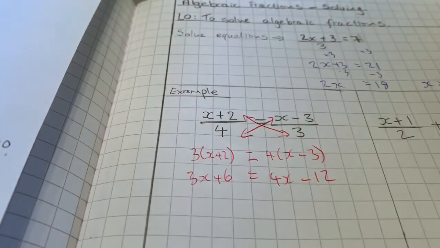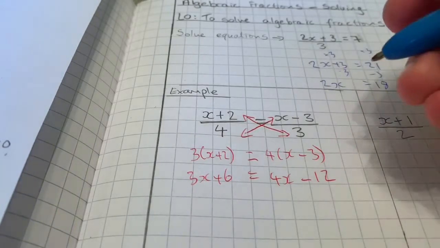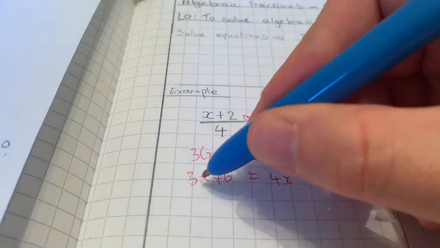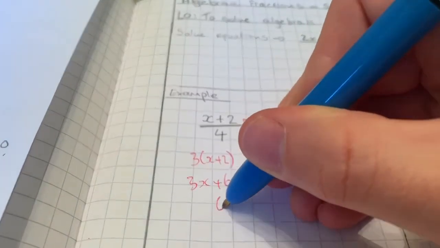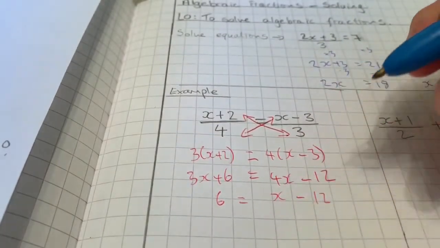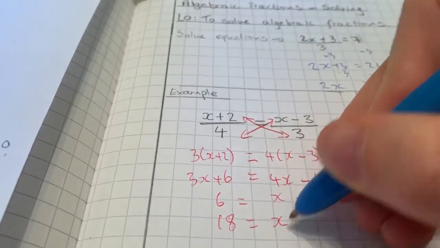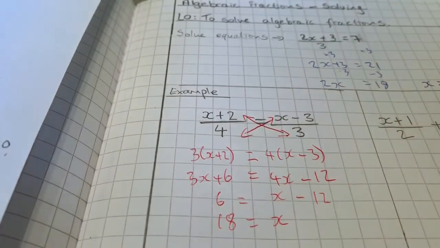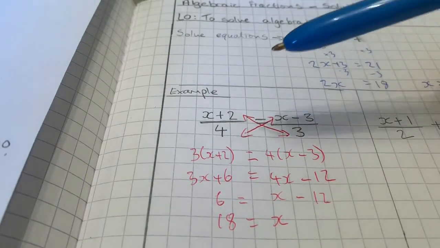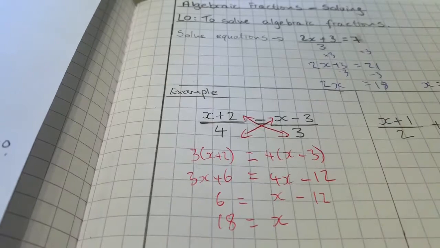And then from here, it's an equation with your unknown on each side. So you can then go about solving this. If I move the x over, I have 6 equals x - 12. Add 12 to each side, I get 18 is my x, or x equals 18. But the key thing is understanding you've got to do that cross multiplication at the start to start solving it.